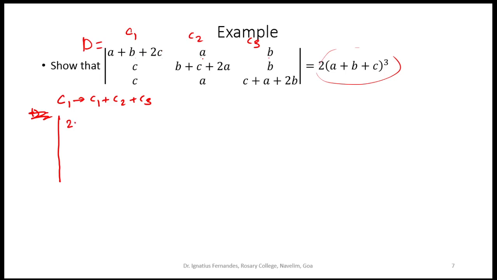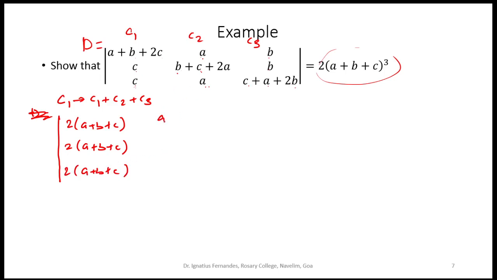So I can directly take 2 common, and I can write like this, 2 into A plus B plus C. The same way when I add this, so C plus B plus C plus 2A plus B, again I'll have 2 C's, I have 2 B's and I have 2 A's already. So again I can say 2 into A plus B plus C, directly taking 2 common. The same way when I add these columns, C plus A to this, so I'll get 2 C's, 2 A's and I already have 2 B's. So again 2 into A plus B plus C.